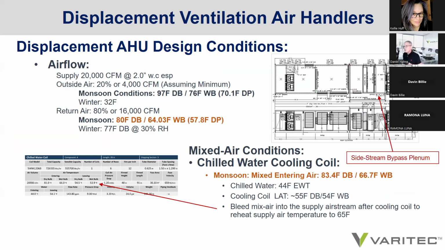Well, how do you condition the air to arrive at 62, 65 degrees and yet maintain a dew point on that supply air adequate to maintain humidity levels? One of the solutions I've used in the past is side stream bypass.